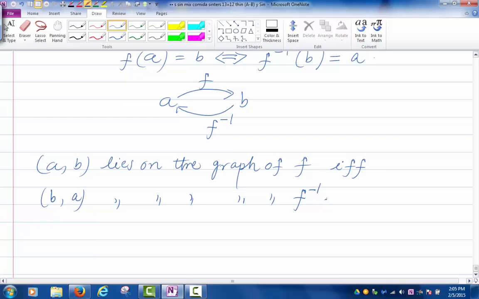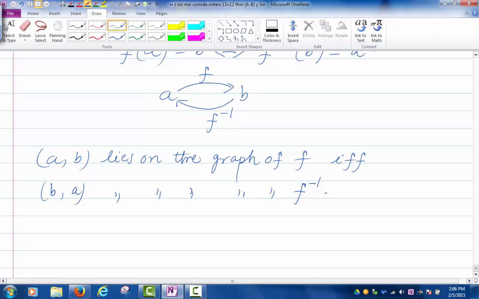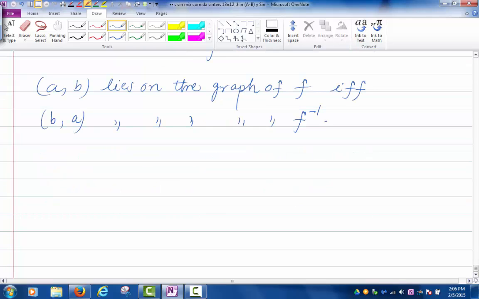Remember, f inverse just does the opposite of f. So if AB is a point on the graph of f, then BA is a point on the graph of f inverse, and vice versa. But in terms of geometry, what are the positions of the points AB and BA? So let me draw my favorite xy axis.